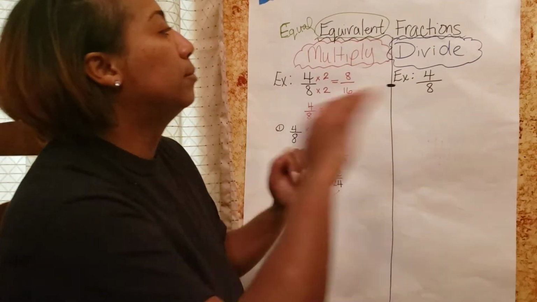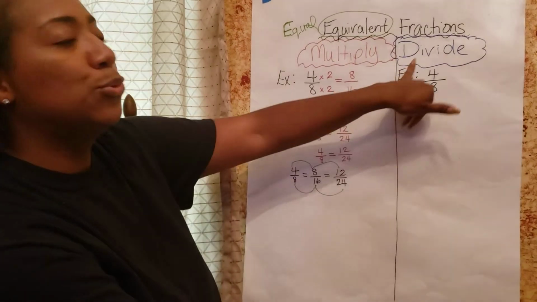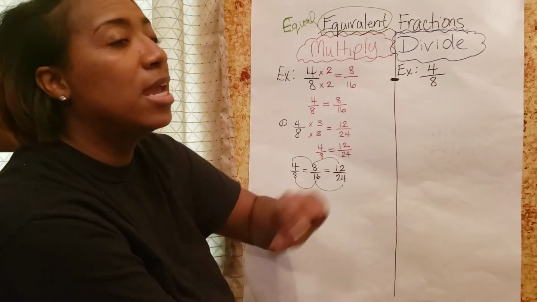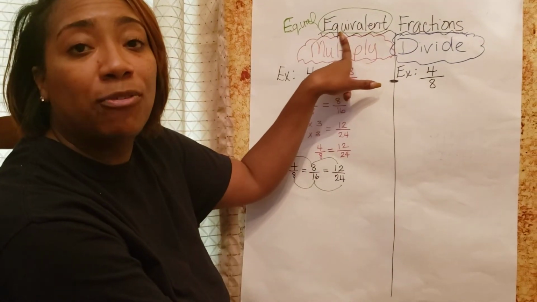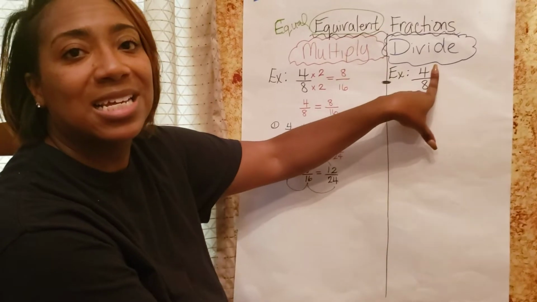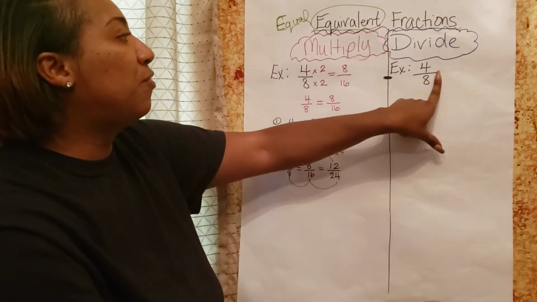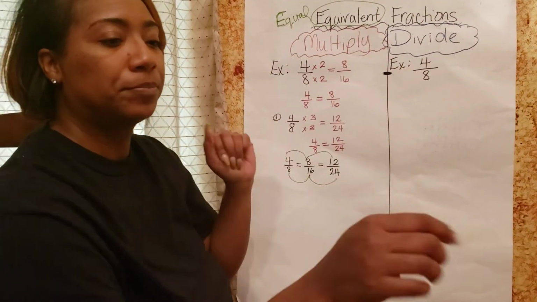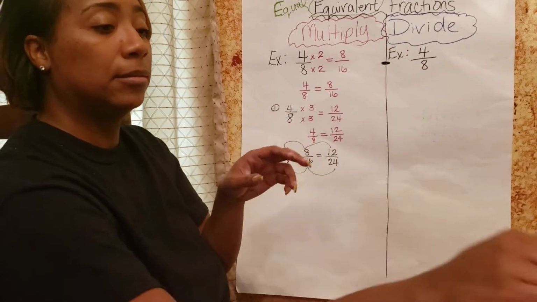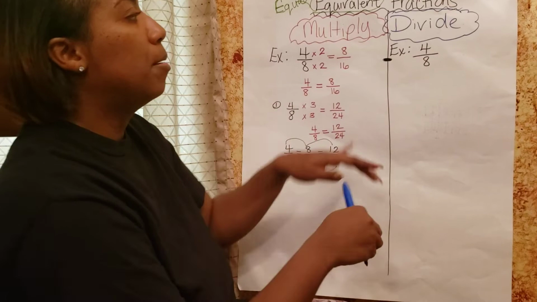All right, now we're going to move on to dividing. Part 2, a second way to find an equivalent fraction. The first way was multiplying. The second way is dividing. So with 4/8, I can divide my fraction.